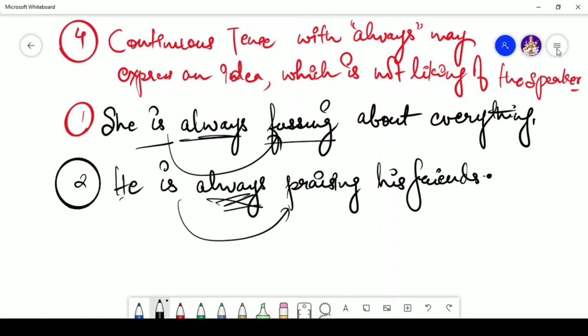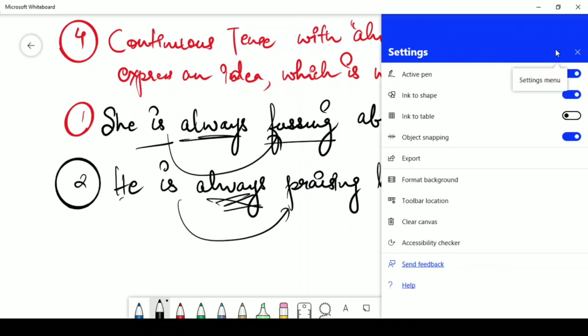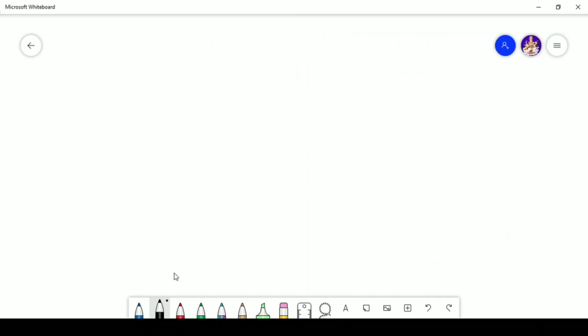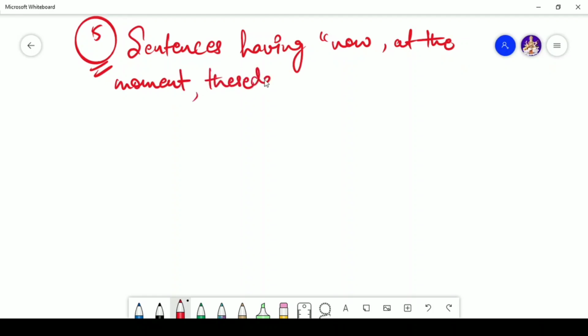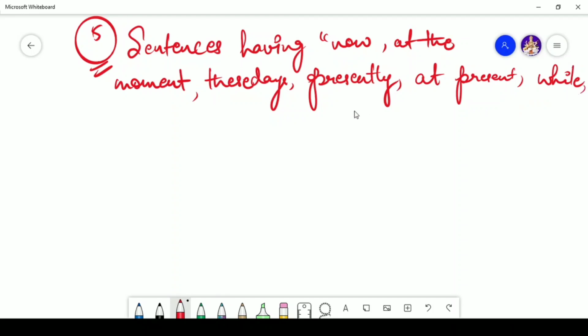now let's see the fifth use. All right, now the sentence is having now, at the moment, or these days, presently, at present, while, still.